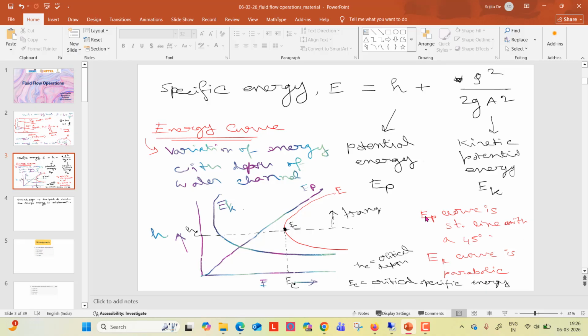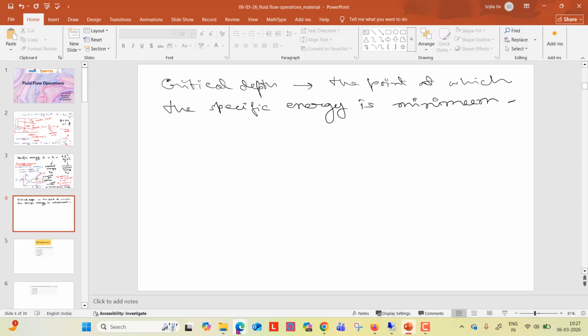That means basically a calm flow or laminar flow, in that sense you can tell. And below this point, that means if the depth of the water channel is below the critical point, that will be a rapid flow or turbulent kind of flow. So we'll define this term again. We'll see. So let's go back to the lecture first.